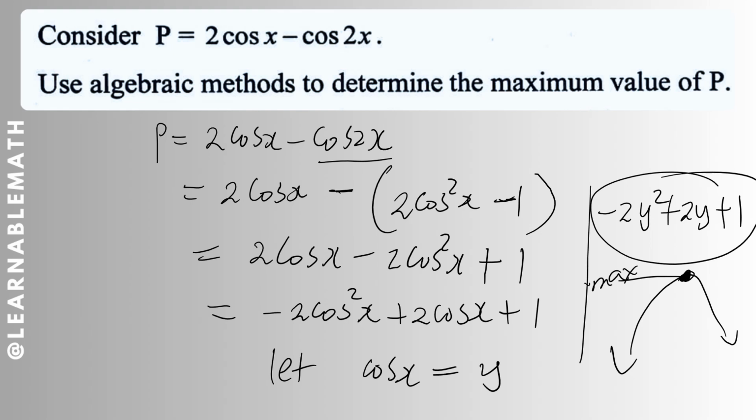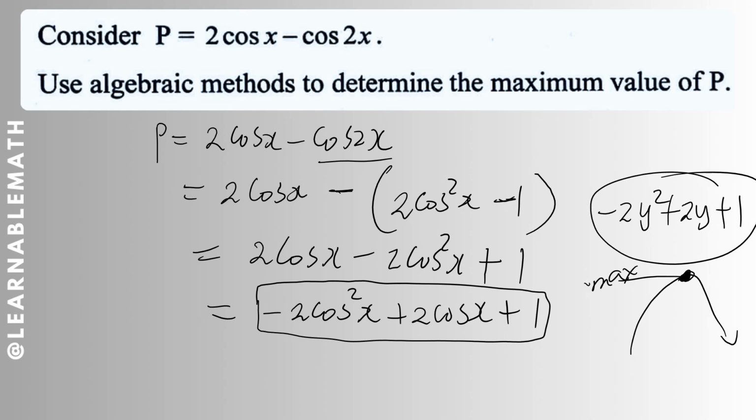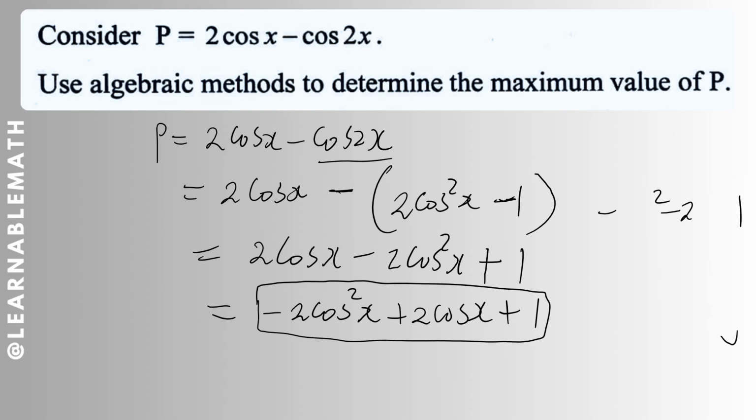Similar to this expression of p, it's giving us the quadratic vibes because this is cos squared and this is cos x. So we have to think of this as a quadratic.